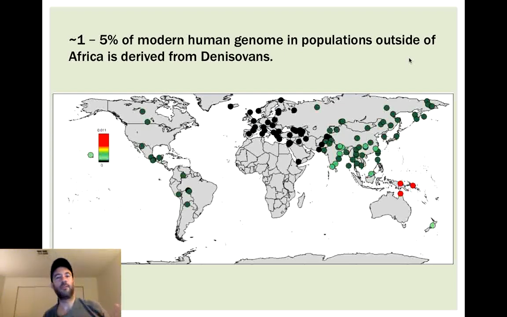Strange, because we've never found any Denisovan fossils there. It could have been that humans interbred with Denisovans on their way down that southern route towards Oceania, or it could just be that there's more Denisovan fossils to find and we just haven't found them.